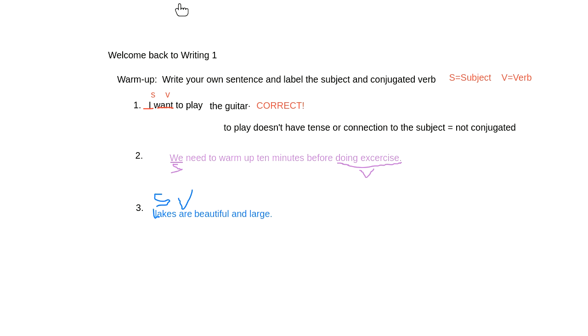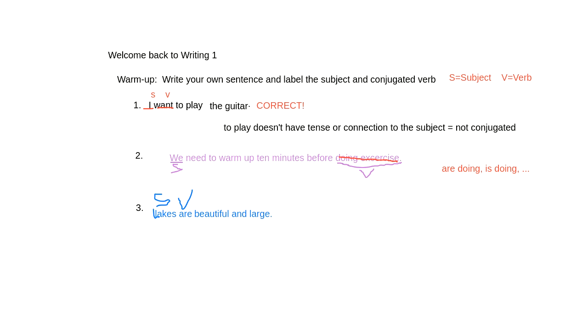Okay, and it's a good try you made here. Let me show you why. Doing is not conjugated because we do not have the be verb. If it's conjugated, we would say are doing or is doing. Those would be conjugated verbs.